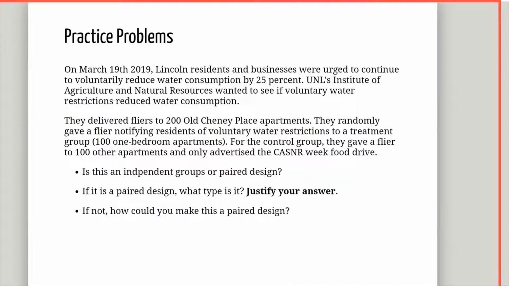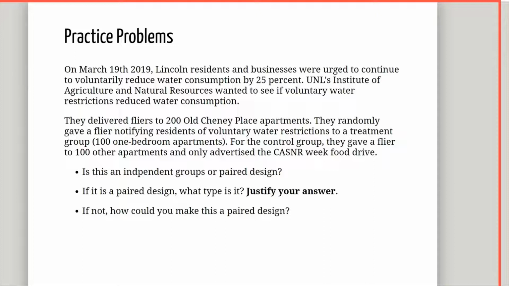They did a little experiment here. They delivered flyers to 200 apartments at Old Cheney Place. They randomly gave a flyer notifying residents of voluntary water restrictions. They gave those flyers to a treatment group, which was 100 apartments.